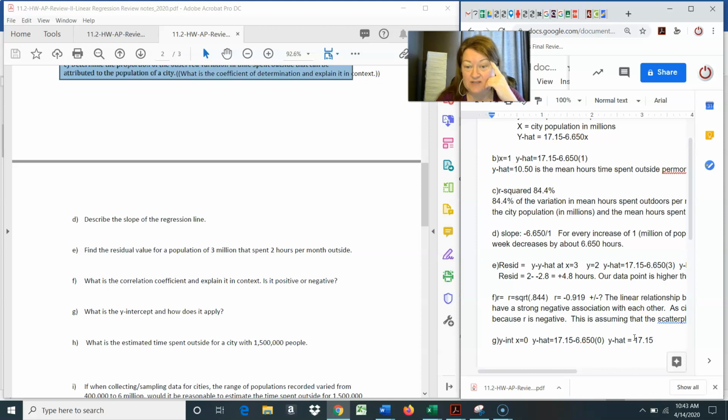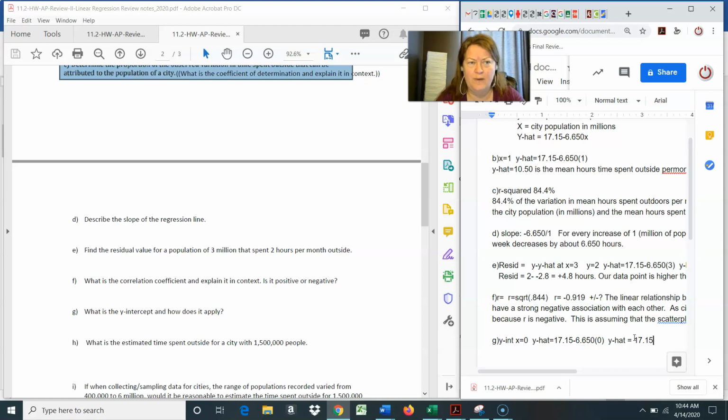Okay, so the second part of this says, how does it apply? So what does it mean when we have no time, no population? Well, they're saying that the relationship between those two is if you have no population, the average time spent outside per month is 17 hours. That's dumb.